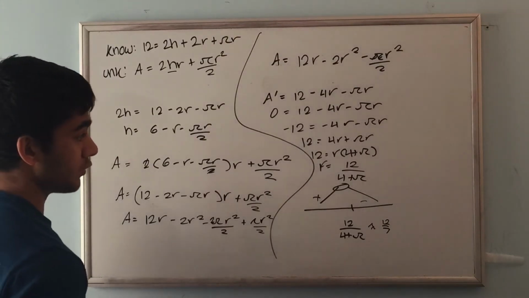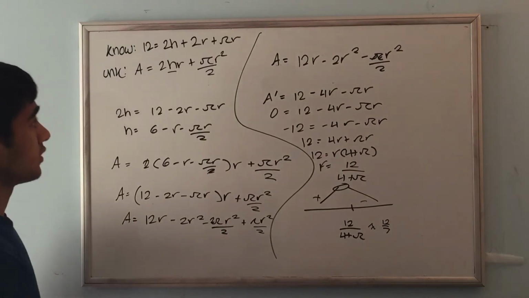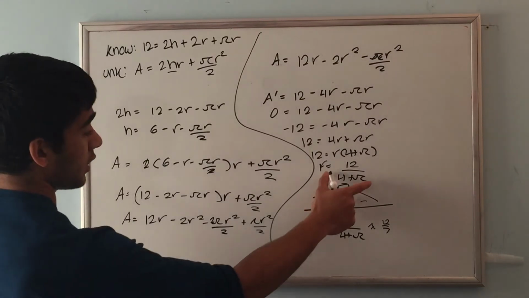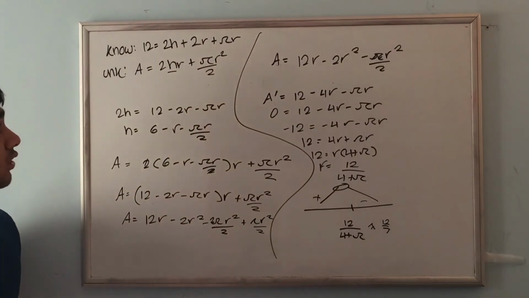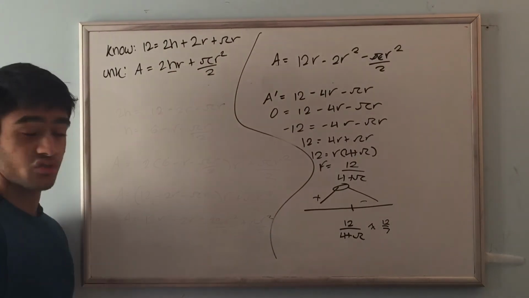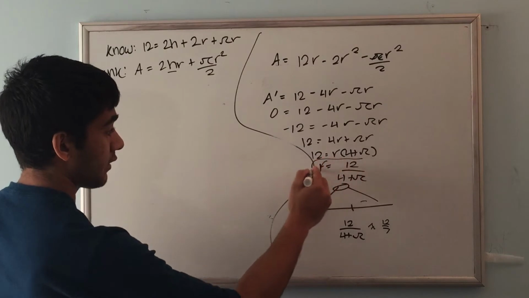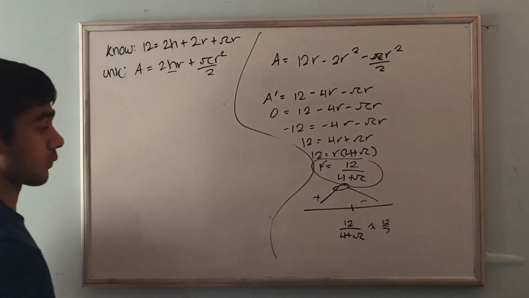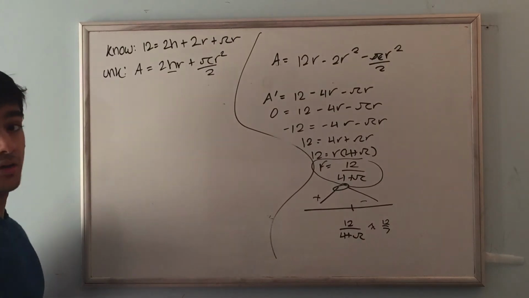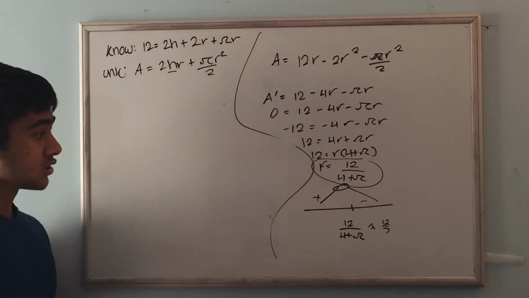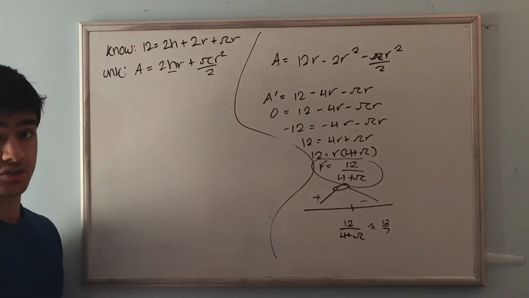But remember, we need to find the height of it. So what we need to do is plug this into the perimeter equation and solve for the height. So from the last step, we determined that r equals 12 over 4 plus pi, and at that point the area for the figure would be the maximum. It asks for all the dimensions, so we need to find the height.